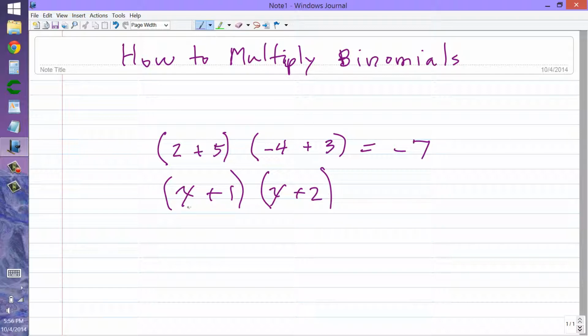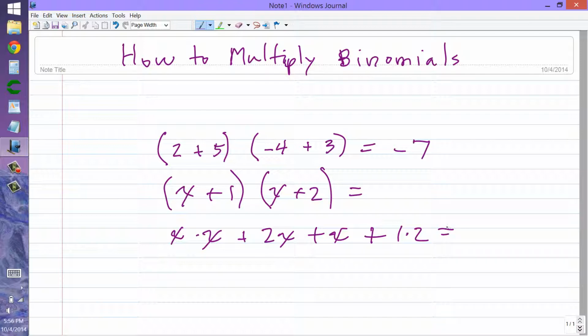Now, when you do that, you're going to get x times x plus x times 2, or 2x, plus 1 times x, or 1x, plus 1 times 2, or 2 in this case.